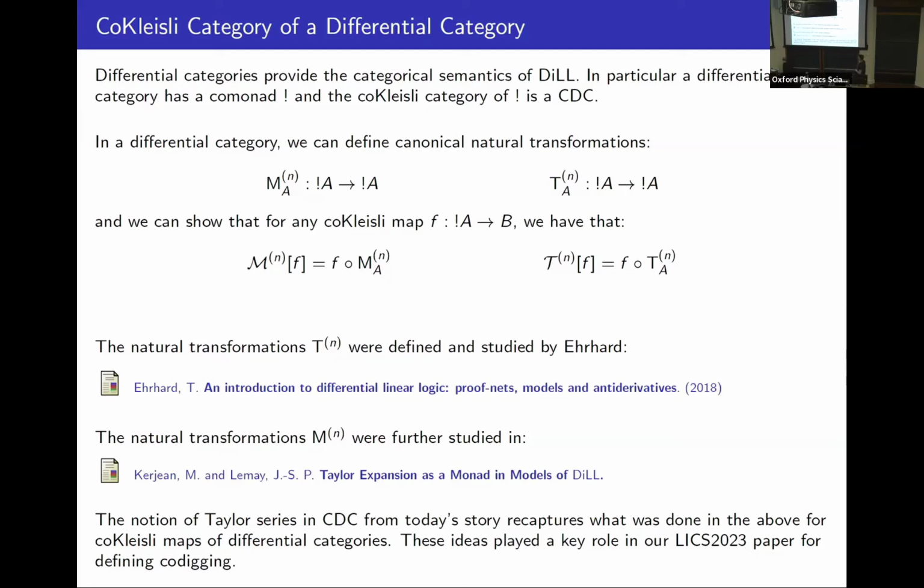And in this case, the combinators M and T are actually given by natural transformations. And again, this was crucial for defining the notion of co-dereliction or co-promotion in a model of differential linear logic.